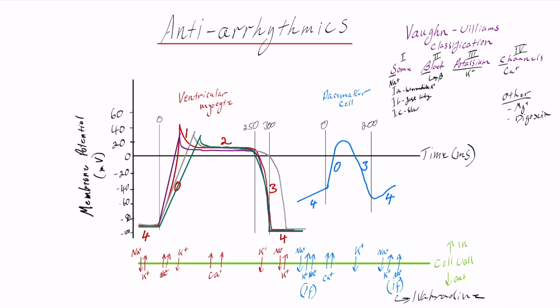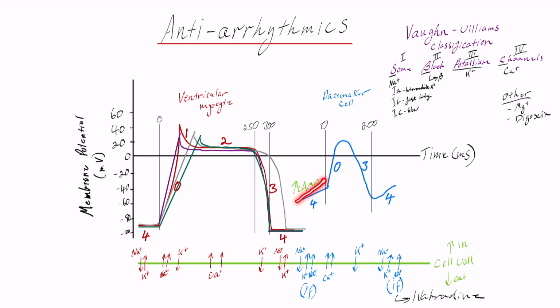So for example, if you bind your beta-1 receptors in the heart, you get increased cyclic adenosine monophosphate, which leads to downstream signaling, meaning that you get increased sensitivity to your sodium funny currents. So you get increased sodium leaking into the cell, which increases the steepness of this phase 4.